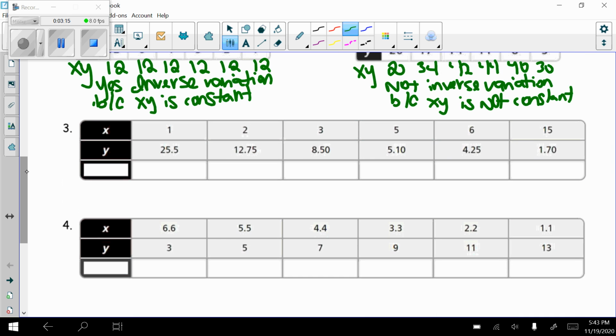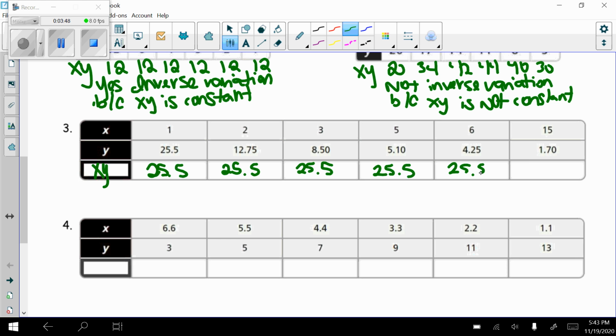Let's look at number 3, list of x's and y's. So again, we're going to do our product, x times y. 1 times 25.5 is 25.5. 2 times 12 3/4 is 25.5. 3 times 8.5 is 25.5. 5 times 5.1, 25.5. 6 times 4 1/4, 25.5.